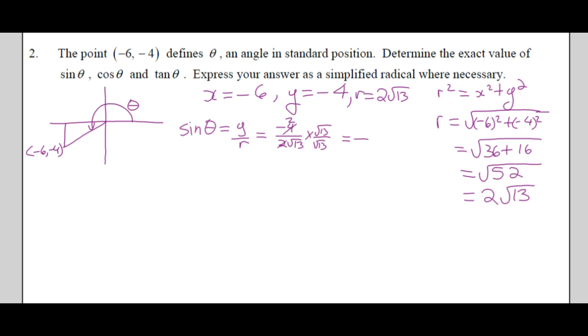So the quantity is negative. We have 2 root 13 over 13. That's simplified radical form. 2 went into 4 twice, and root 13 times root 13 is 13, because we can't have a radical in the denominator.